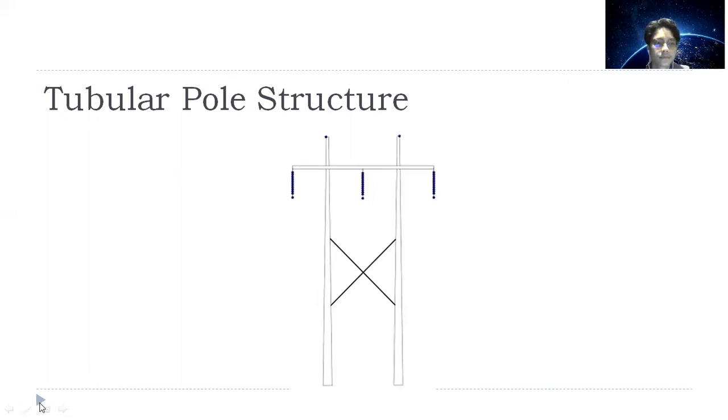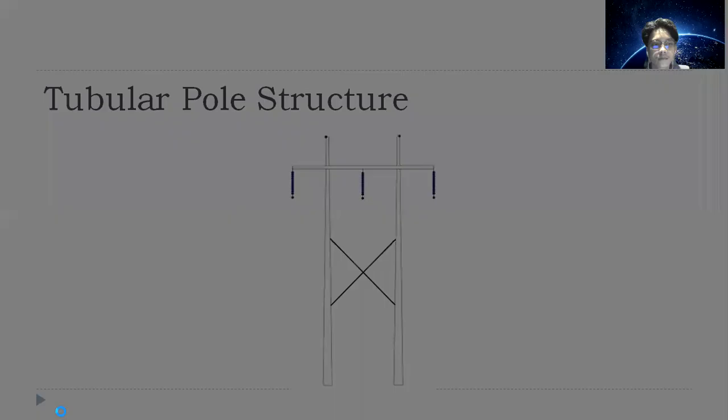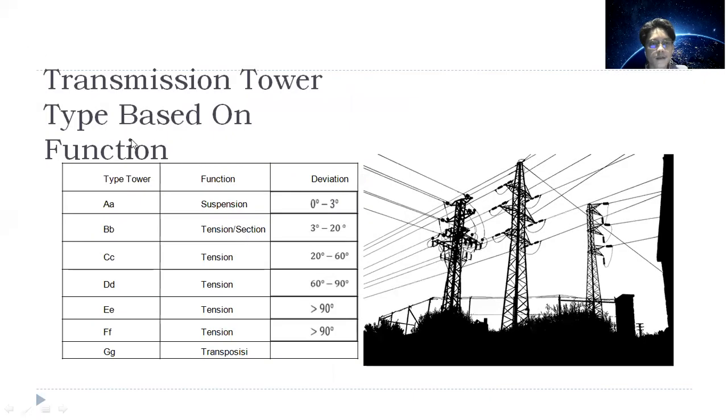Next, transmission tower types based on function. Here, according to different considerations, there are different types of transmission tower.